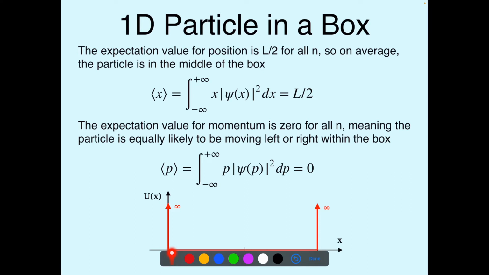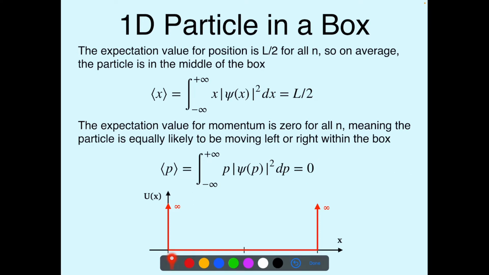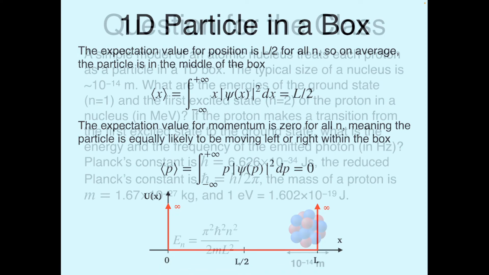Again, I'm not going to work this integral out, but you can show that the result of this is 0 for all values of n. So what does it mean for the expectation value of momentum to equal 0? It doesn't mean that the particle is not moving. It actually just means that it's equally likely to be moving to the left or to the right. So in other words, it's equally likely that it has a positive momentum or a negative momentum, so that on average, it just has 0 momentum.